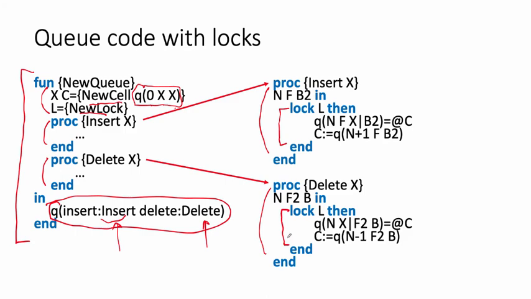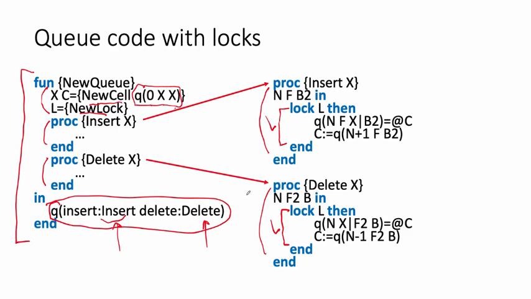Notice that the lock is protecting two different pieces. That means if some thread does an insert and another thread tries to do delete, the delete thread will wait until the insert thread is done. So you see, it's very natural to have a critical section that has different parts of the program.